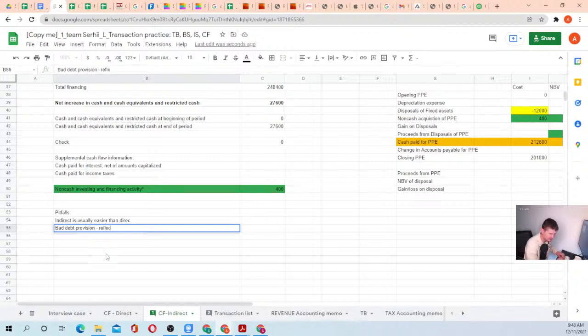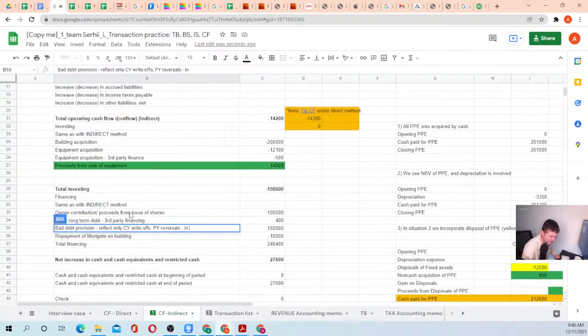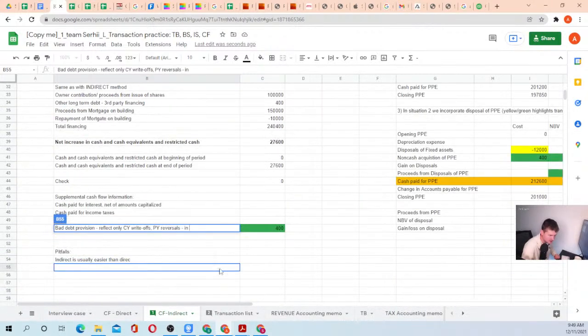Reflect only current year, prior year in changes.